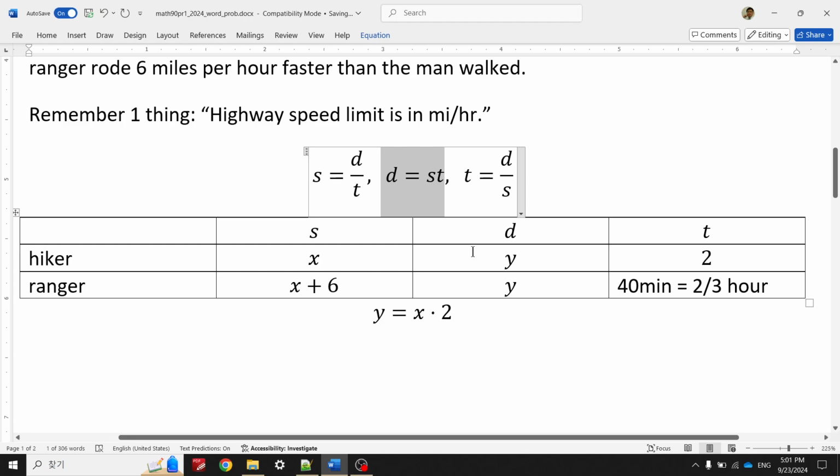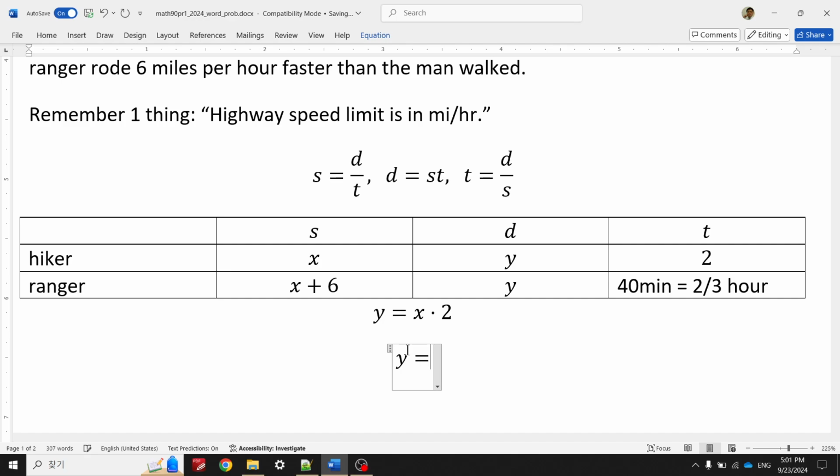Okay? That's the right way to say it. Okay? Now, if you apply d equals st to the second row, what do we get? Right?